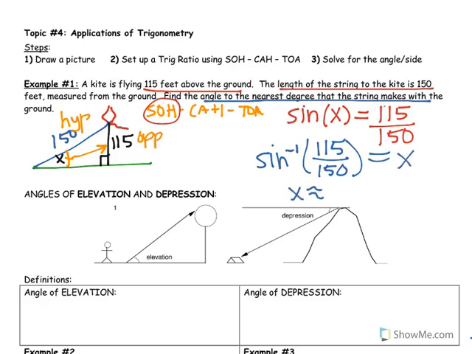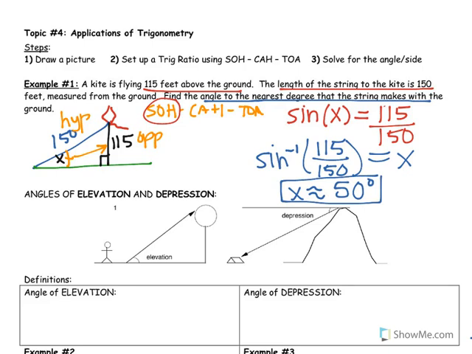And now let's use our calculator. Sine inverse of 115 divided by 150, and we're going to the nearest degree, which means the whole number, so that's 50, because it's 50.05, which is just 50 degrees, and that's what it makes with the ground, okay?